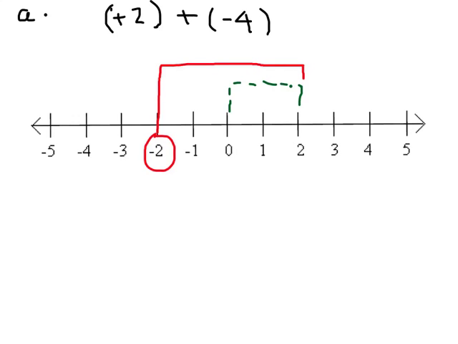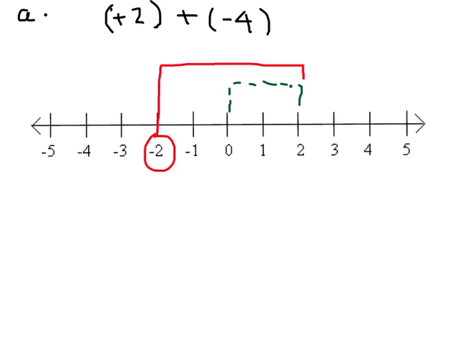If I start at 0 and I go positive 2 to the right from 0, and then from there I'm going to go back 4. So 1, 2, 3, 4. Where do I end up? I end up at negative 2.